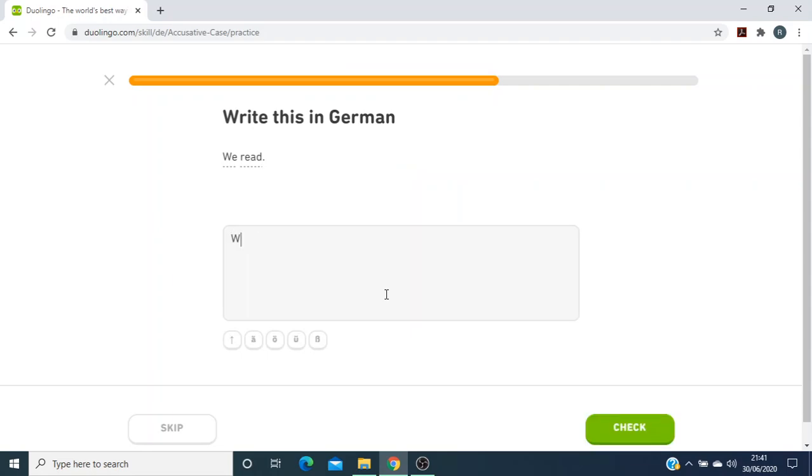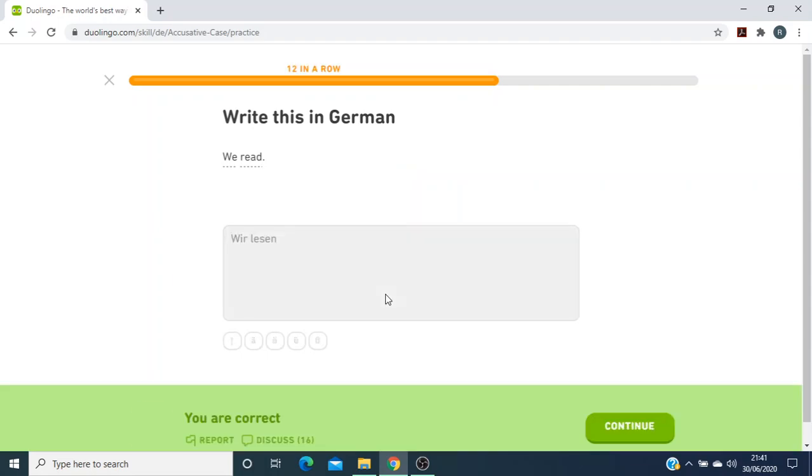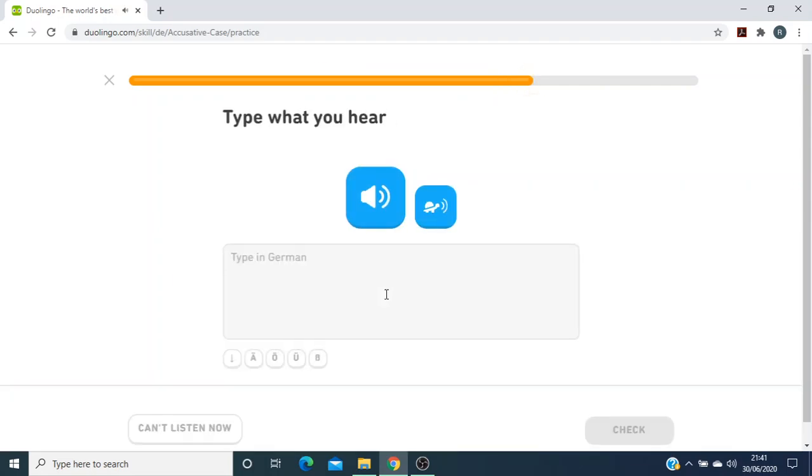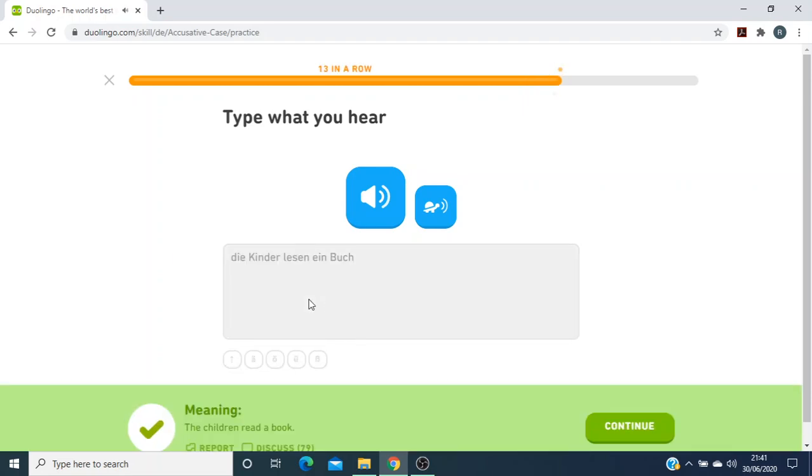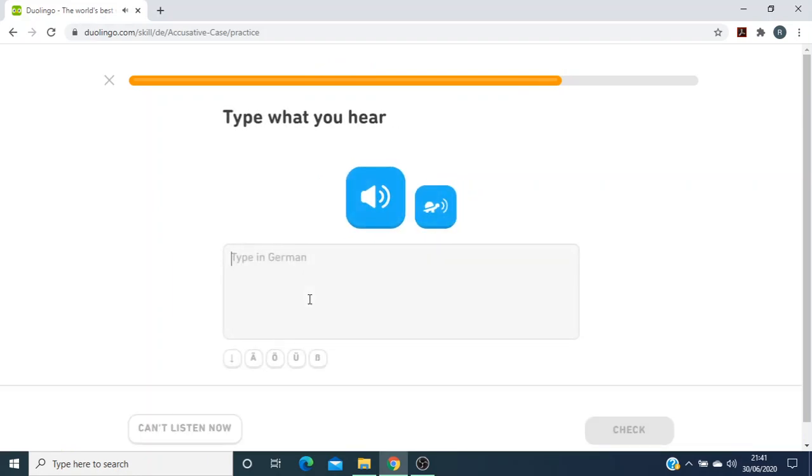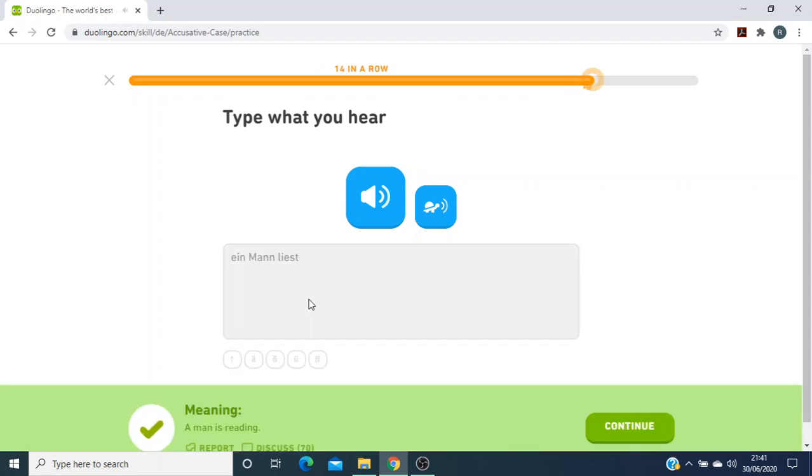We read, wir lesen. Die Kinder lesen ein Buch. So the children read a book. Ein Mann liest. A man is reading.